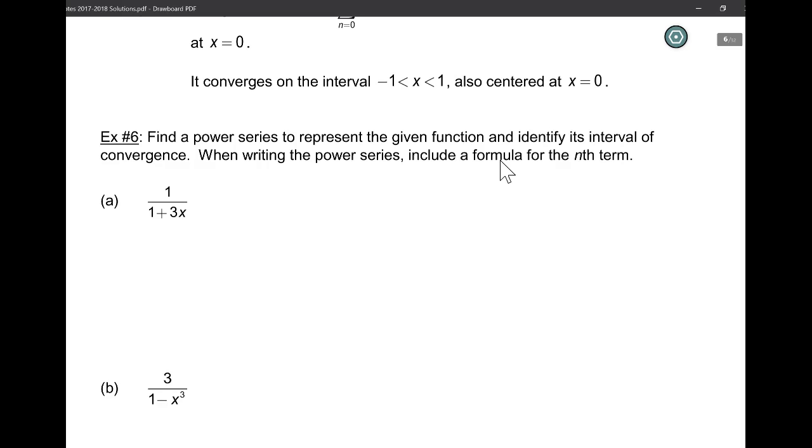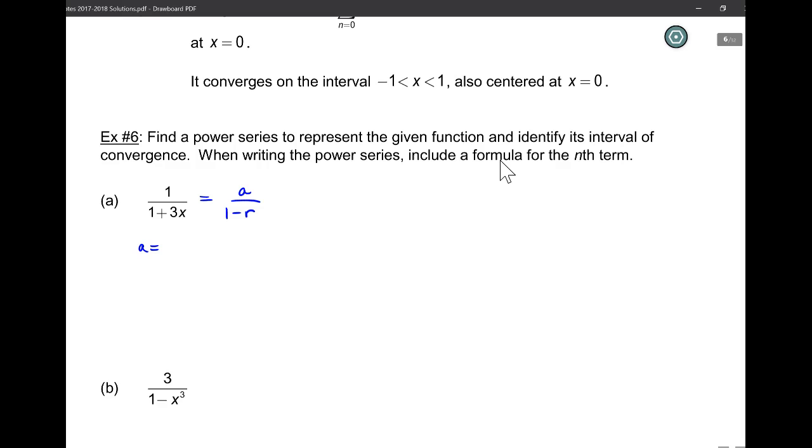So for example 6, we want to find a power series to represent the given function and identify its interval of convergence. So basically, we want to relate this back to our sum formula. So remember the sum formula, this was equal to a over 1 minus r. So we want to just identify the different parts.